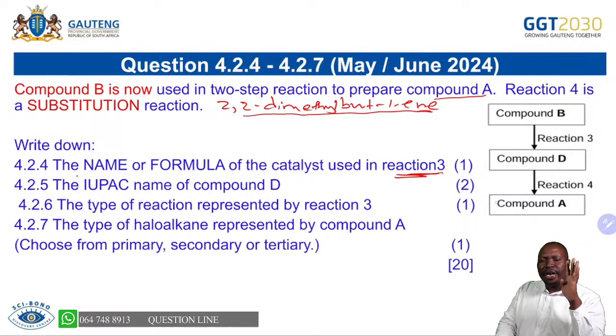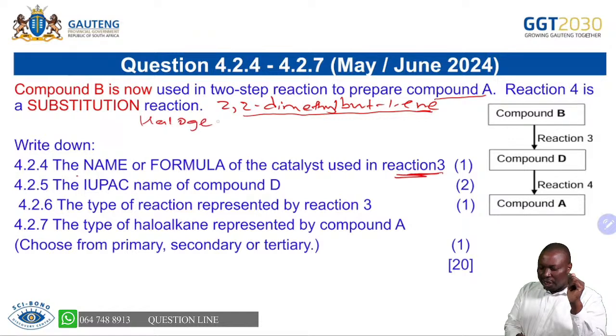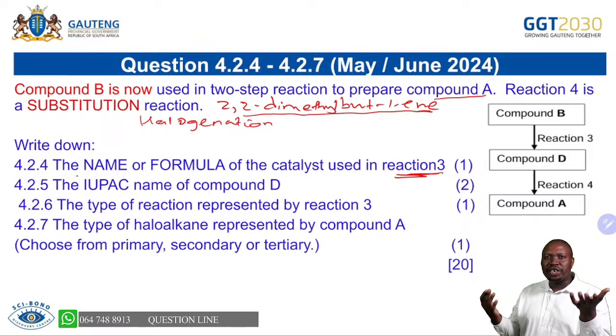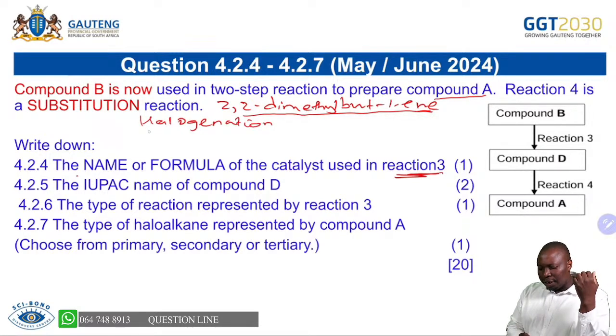Now, we already added H2 in the previous question. We only do four addition reactions, so I want you to go with me so that we understand one another. The first is halogenation, where we add Cl2, Br2, I2 or F2, usually Cl2 and Br2. It doesn't even have a reaction condition; it is a spontaneous reaction. The second is where we add hydrogen, which we did in the previous question, called hydrogenation.